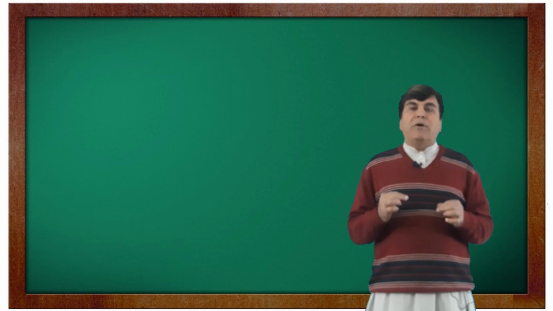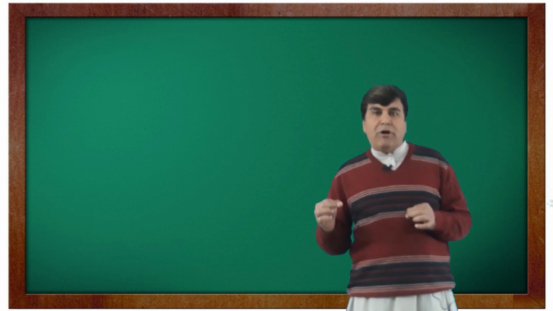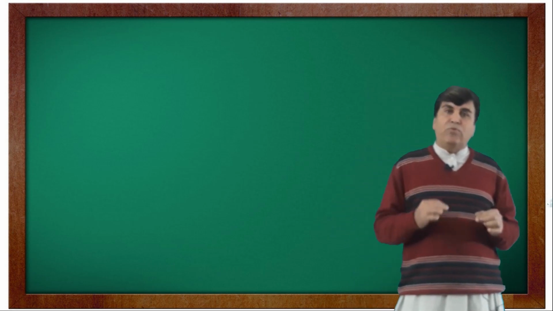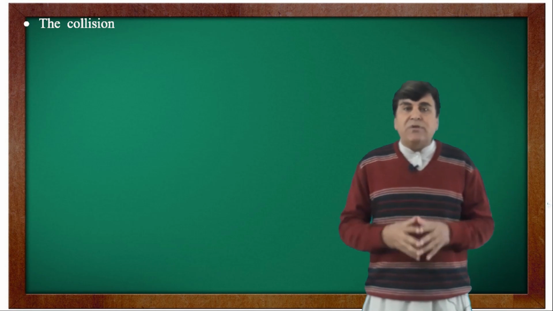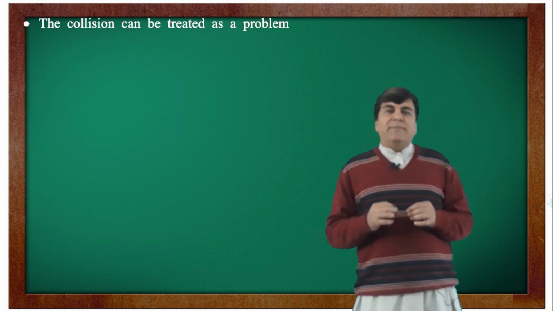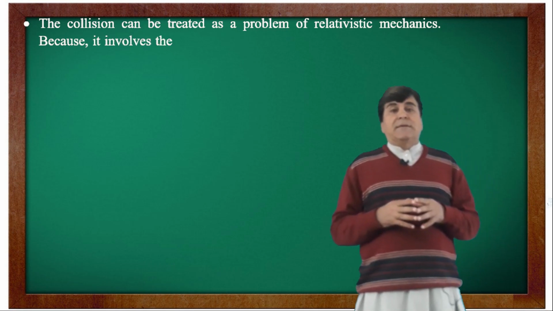He treated the model as an elastic collision between two particles, that is photon and electron, with few more plausible assumptions. That is, he assumed that the collision can be treated as a problem of relativistic mechanics.